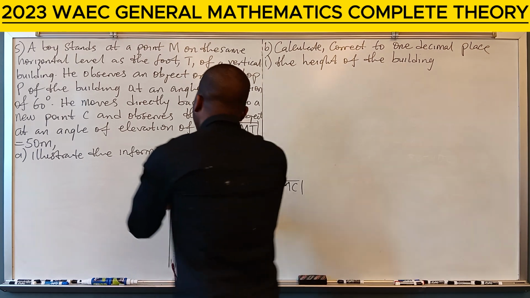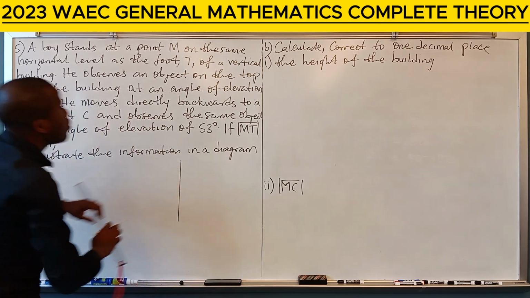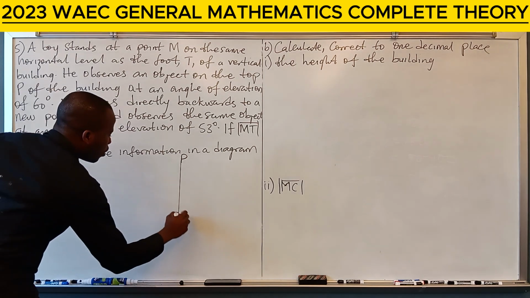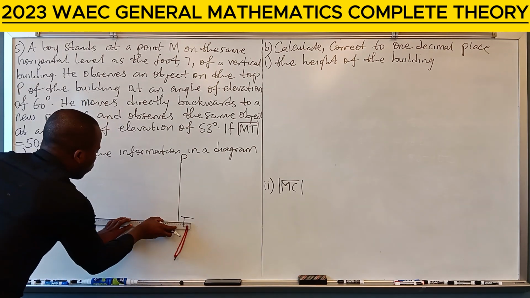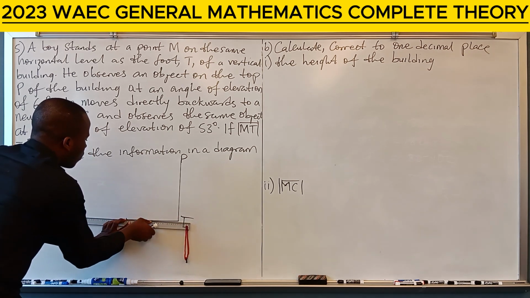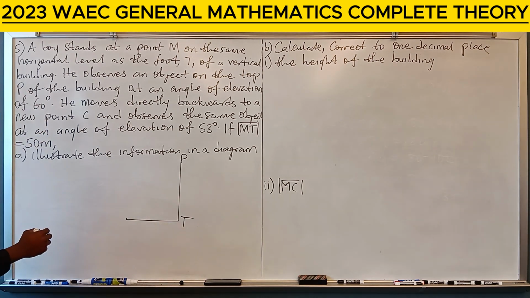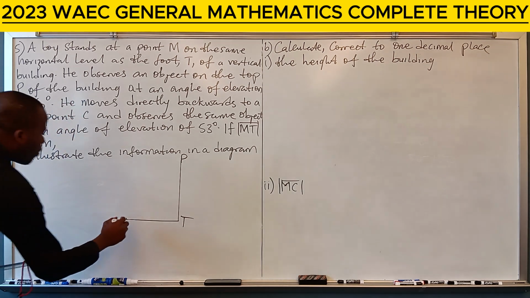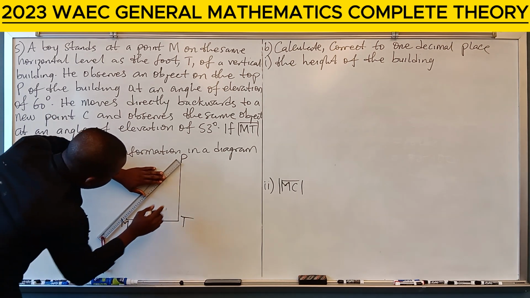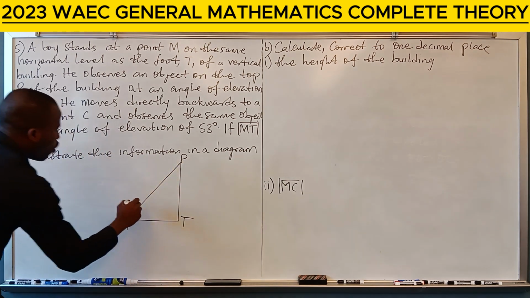So let's draw the vertical building this way, and what he observed is P at the top and T at the foot. The boy stands in the same horizontal level. So if we call this boy's position M, so he observes at an angle of elevation of 60 degrees.